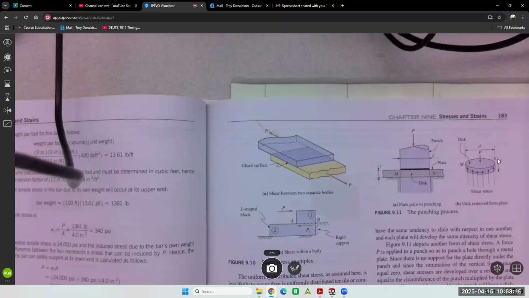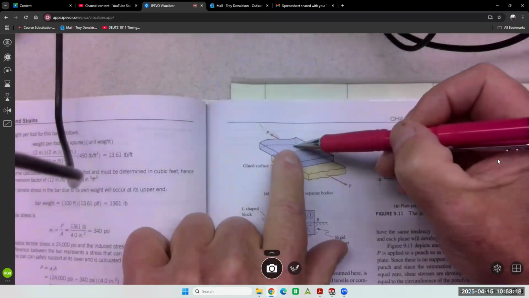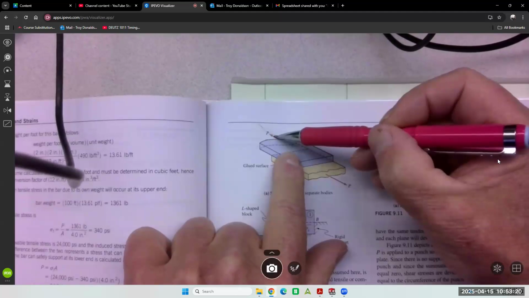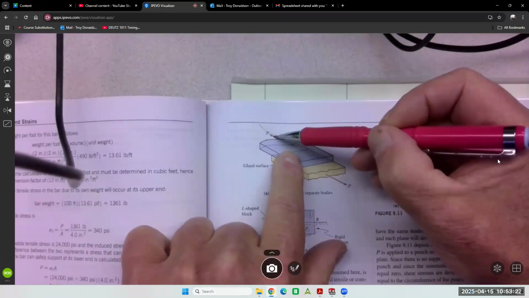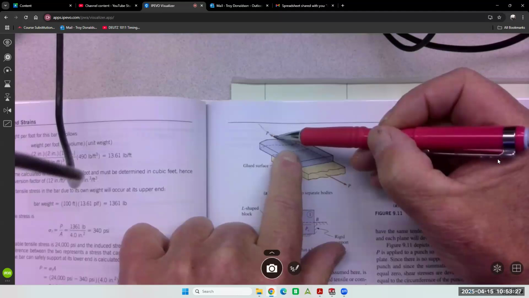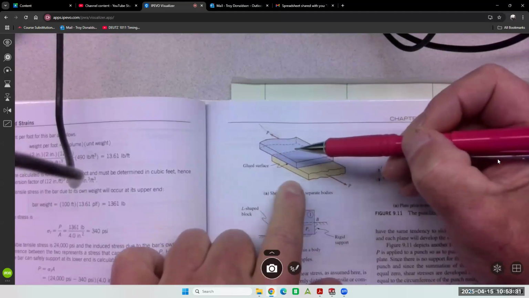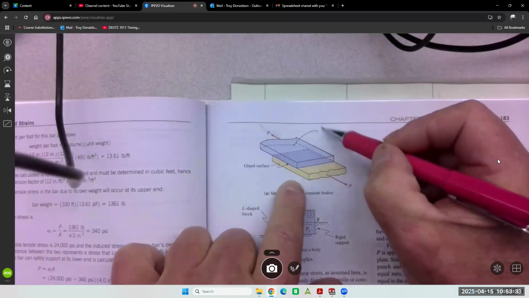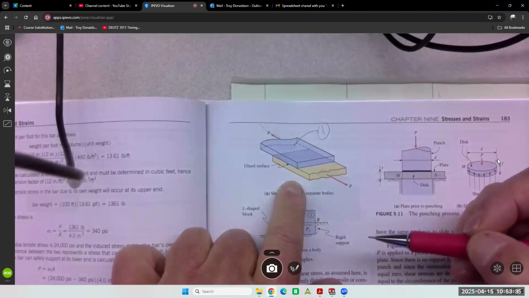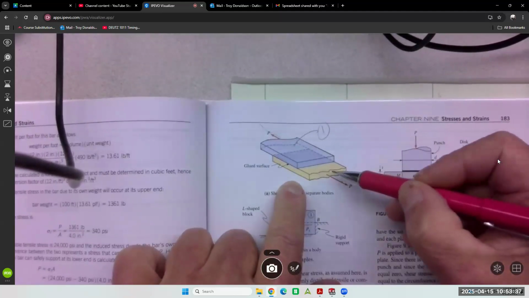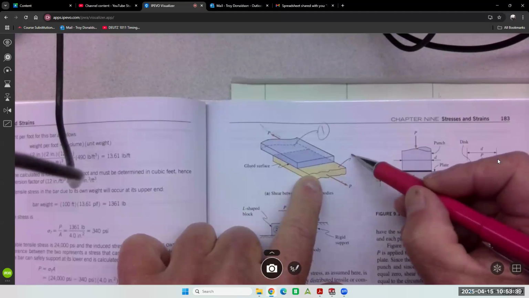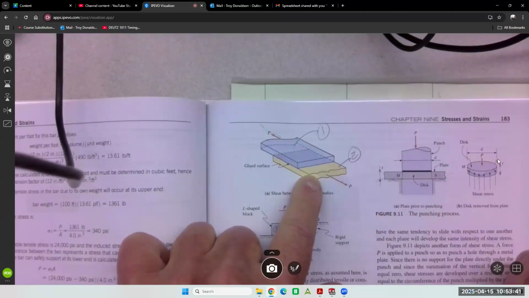What do you mean? Well, this piece right here is being pulled on by that. Agreed? What kind of stress is that? That's a tensile stress. We've been doing that. So I could say, what's the tensile stress of part 1? Right? And this load pulls on this piece. I could say, what's the tensile stress of part 2?